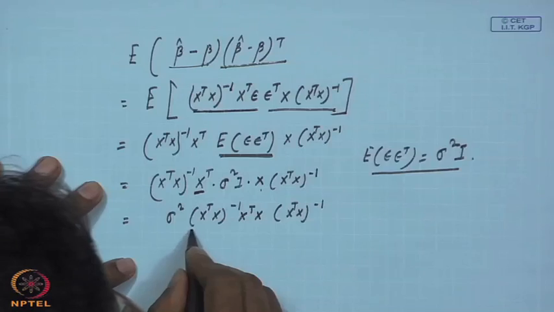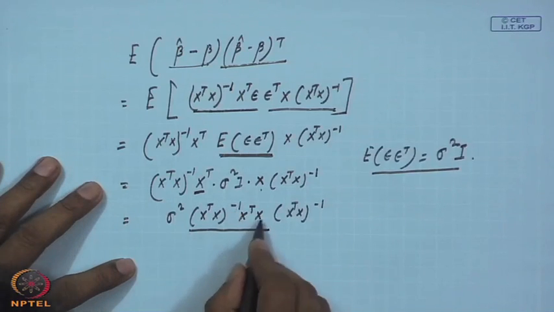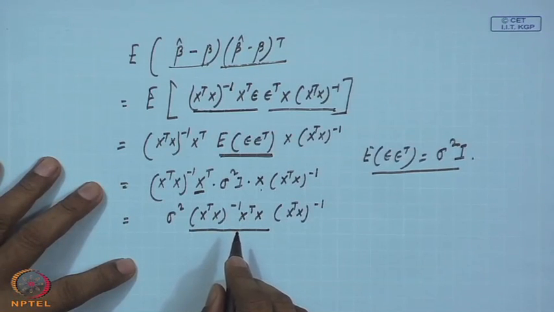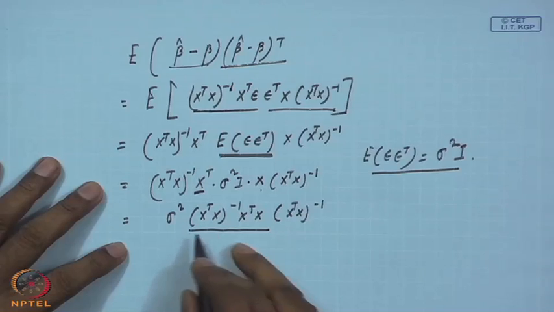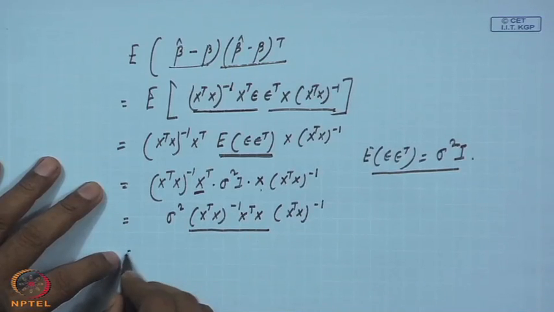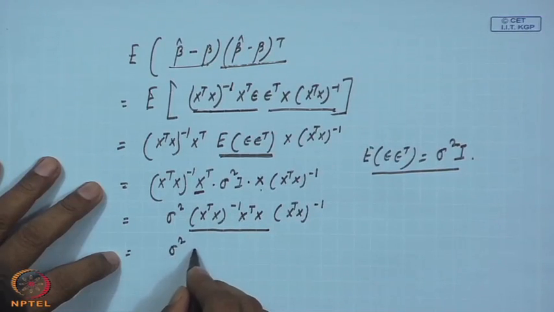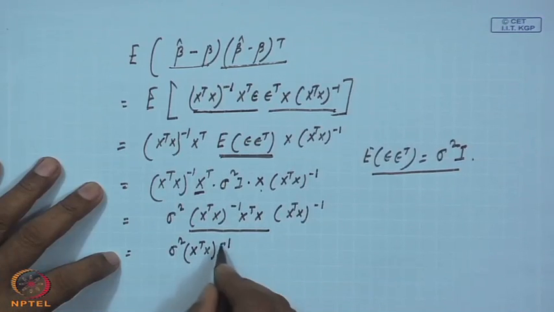Okay, so what is this quantity then? X transpose x inverse x transpose x, this is again I. So, sigma square I is sigma square. So, this will become sigma square x transpose x inverse.